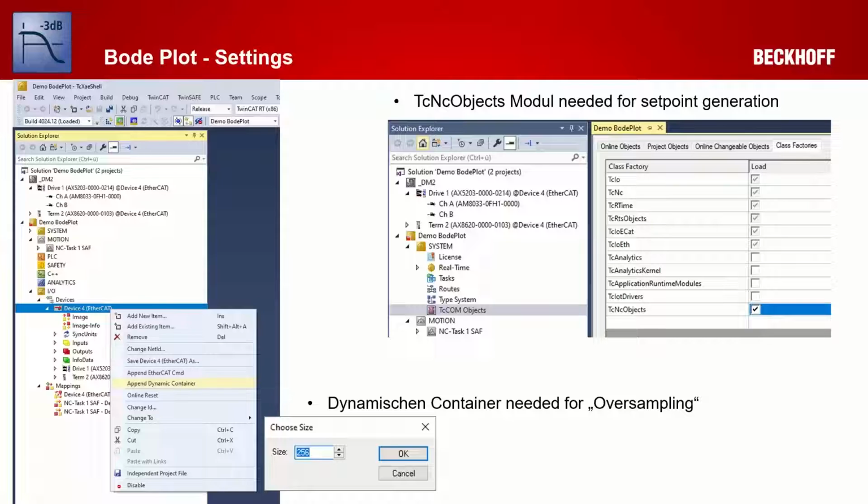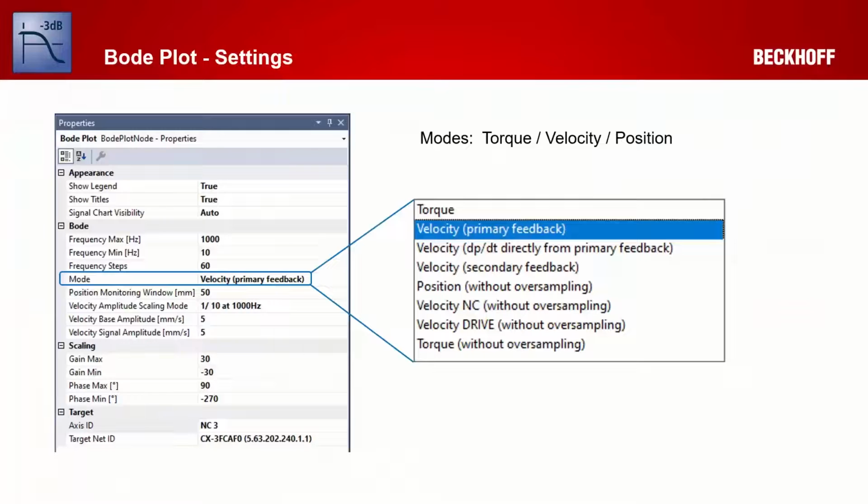We need the actual values of velocity much faster, within each 62 microseconds. Therefore, we have realized the oversampling like in our oversampling terminals. So you have to add this container, and another TC-COM object is needed to prepare the set points. So 2 steps to configure, and then it's ready and you can use it.